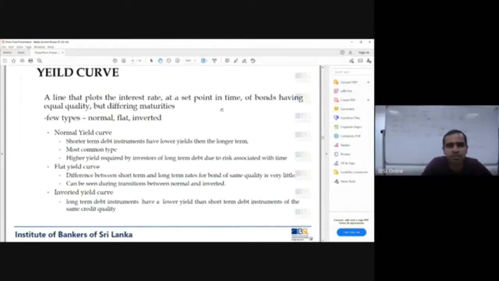Then the 2-year bond is going at about, let's say, 6%, a 5-year bond is going at about 7%, and a 10-year bond might be going at about 8%. So likewise, the same issuer, but various tenors. If you plot each of the returns generated across the tenors for the same issuer, it's called a yield curve. How much return can you get by investing in different tenors of the same issuer?